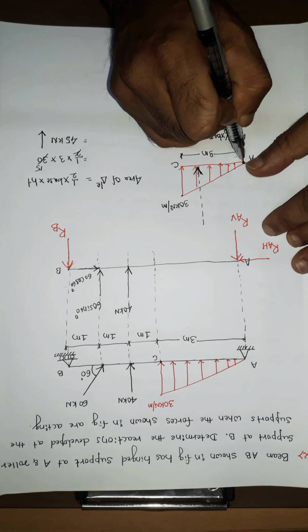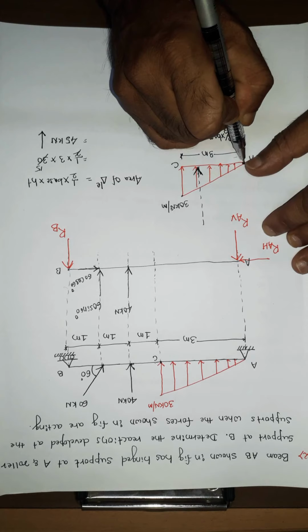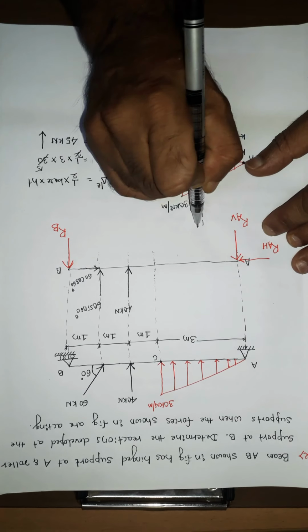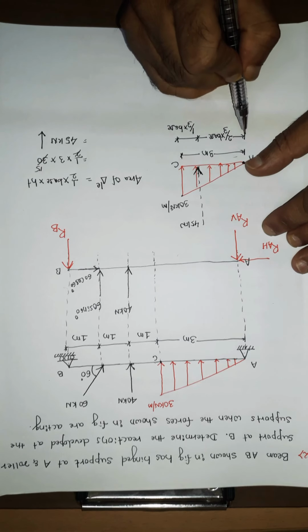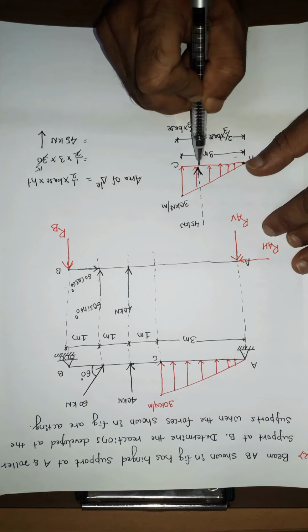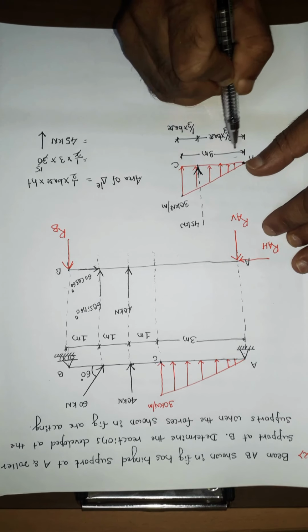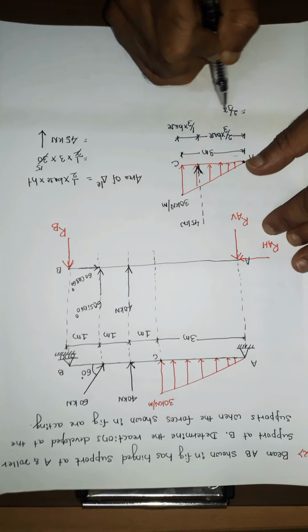At point A the load is 0. So from the zero intensity end, the 45 kilonewton point load will be acting at a distance of 2/3 of base, that is 2/3 of 3.